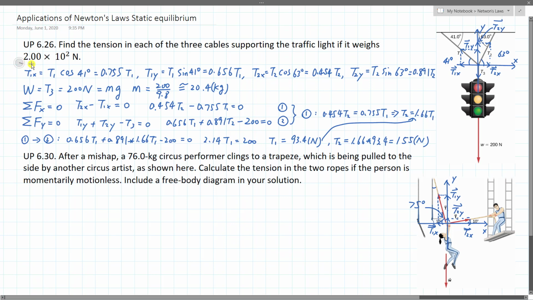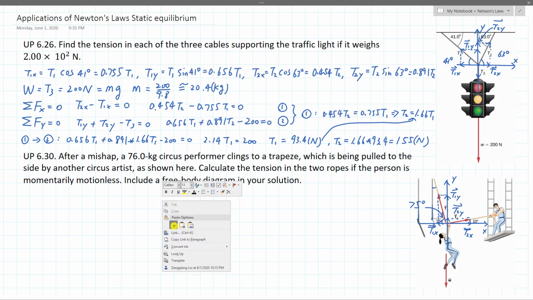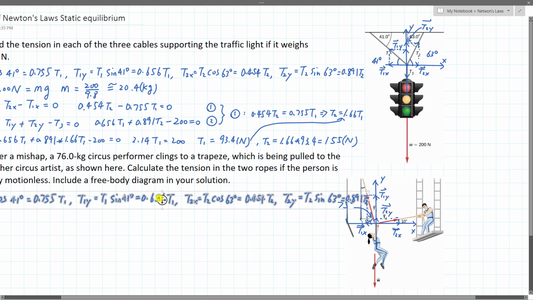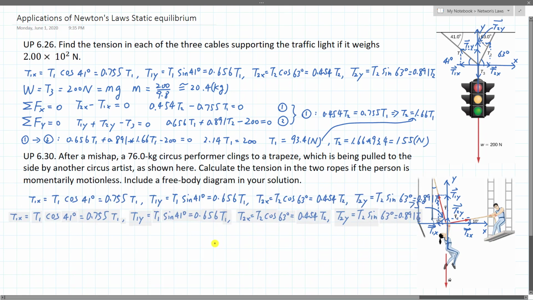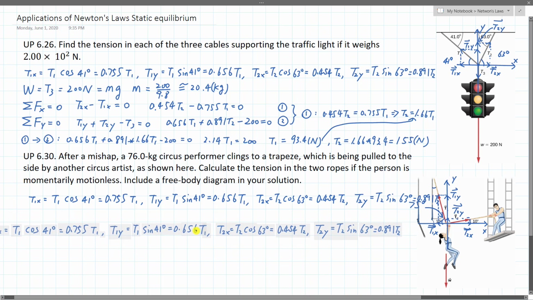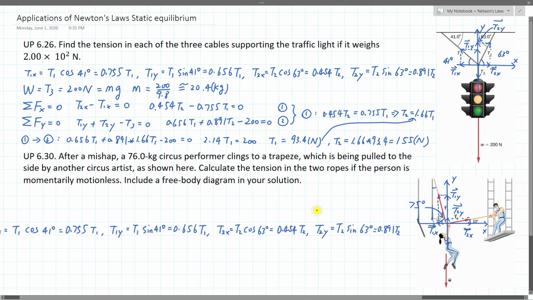Okay, so we got this whole thing. Doesn't exactly fit, so let's move.